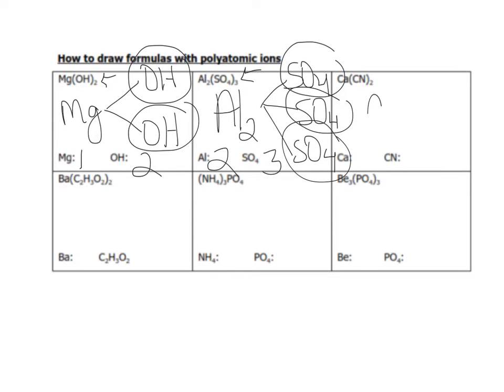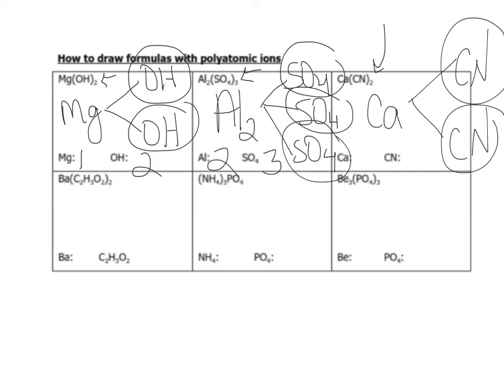The next one, there's a 2 outside the parentheses, that means 2 branches. Two groups of CN, 1 Ca. Alright, on the next one, again, 2 branches.